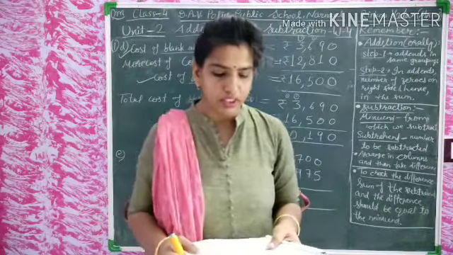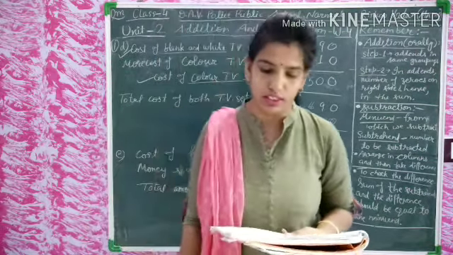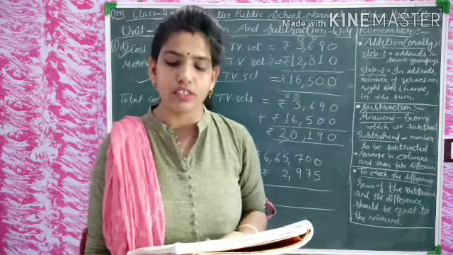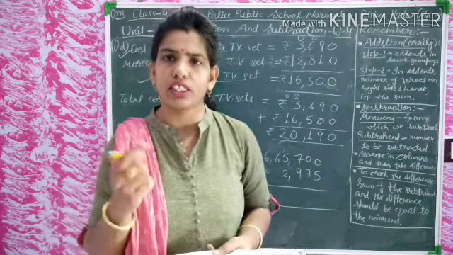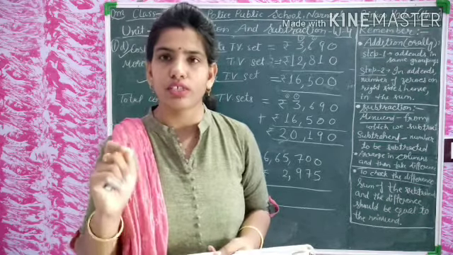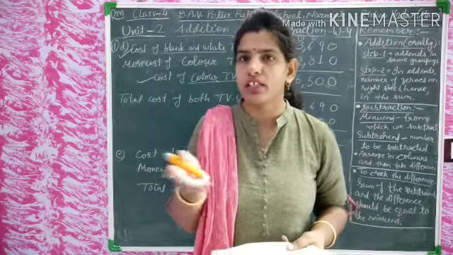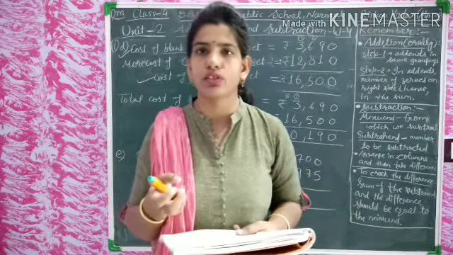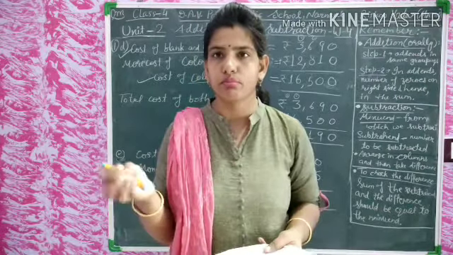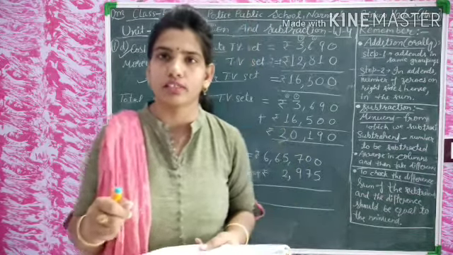Raman purchased a house for 6,65,700 rupees. He spent 2,975 rupees on its repairs. He purchased a house, and he repaired it with painting and some other repairs. There were some problems in the house like some broken things, and we have to repair them before using it.